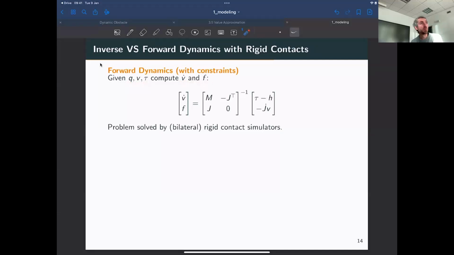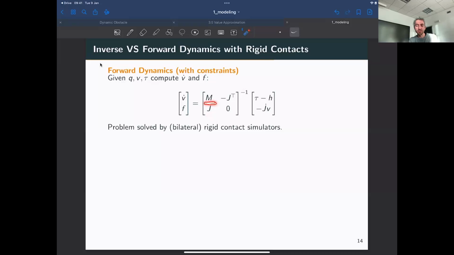And we can quite simply do that by solving this linear system of equations. So I've just taken the expression in the previous slide, and I moved tau to the right-hand side because now tau is known. And I solve for v dot and F. And this matrix here that I get is square. So hopefully it can be invertible. It might not be invertible depending on J.